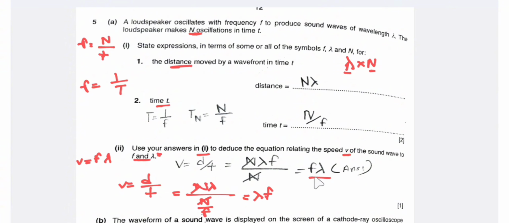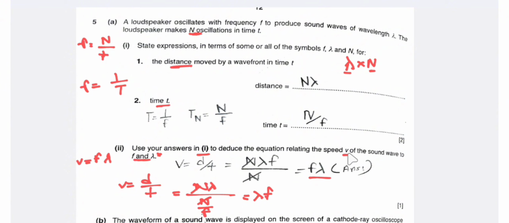Since it is divided, f comes above, so n and n cancel, and we get lambda f. So we relate v in terms of f and lambda.